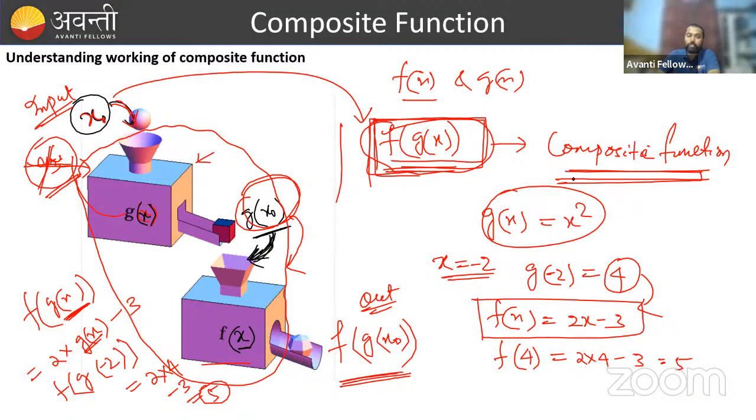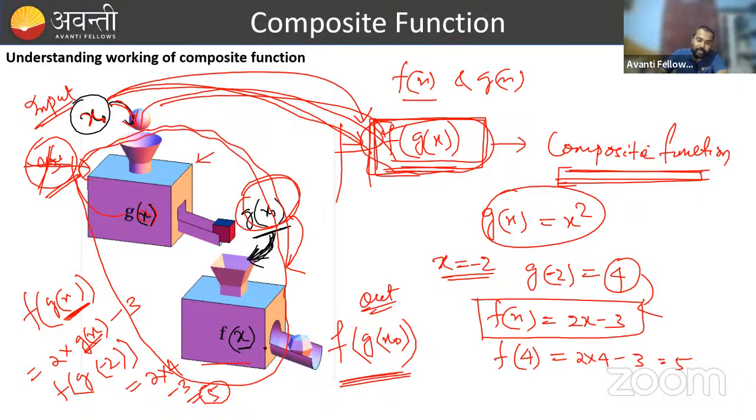Clear everyone? So the simple thing is to directly connect this input x naught to f of g of x, right? Simply to connect x with f of g of x. What is happening in between these two machines, we are not going through it.